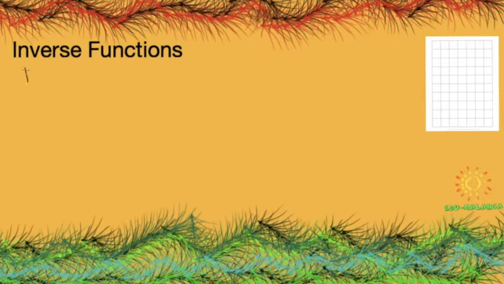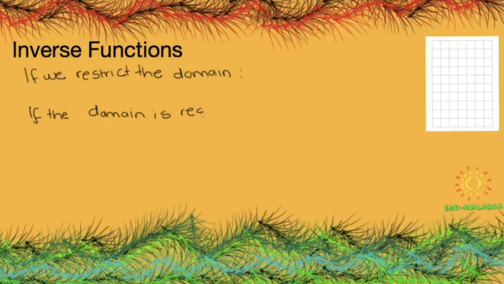Okay, so if we restrict the domain to positive values of x, how we write this is if x is either 0 or bigger than 0, then f itself, right?